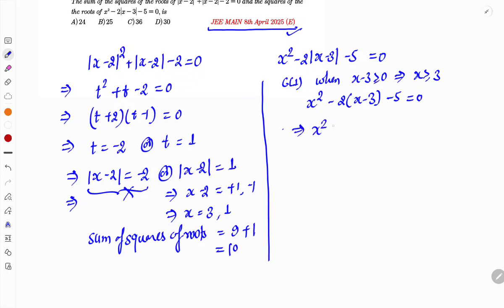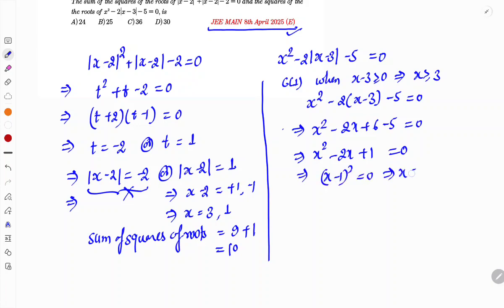So x^2 - 2x + 6 - 5 = 0, which gives x^2 - 2x + 1 = 0, that is (x-1)^2 = 0, so x = 1.